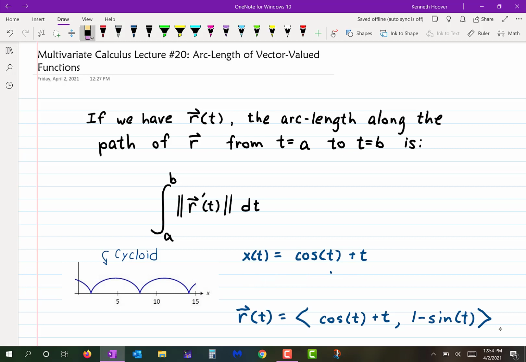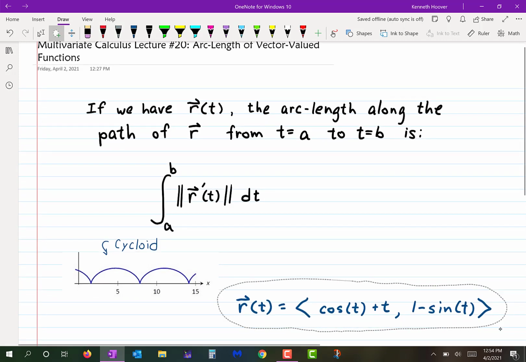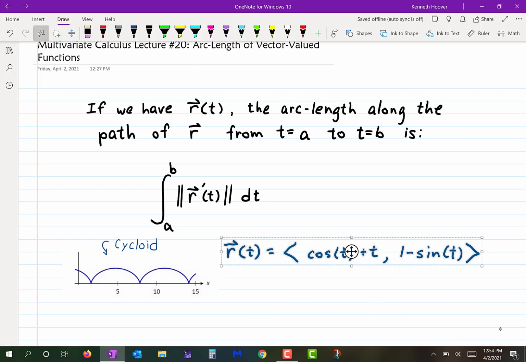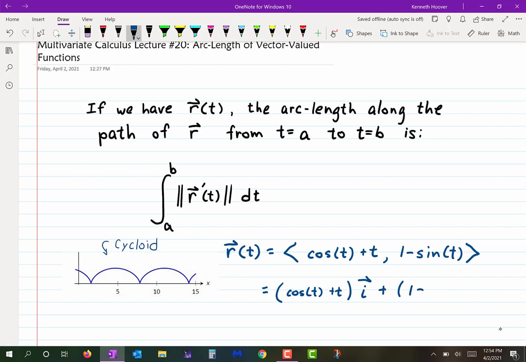I want to remind you, because I know this is how they do it on Newton, that we can also write that as cosine of t plus t i plus 1 minus sine t j. That means the same thing.